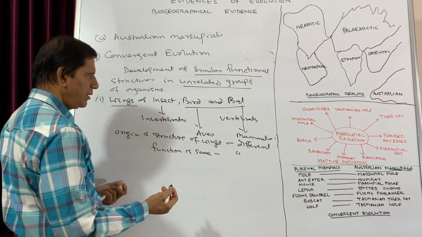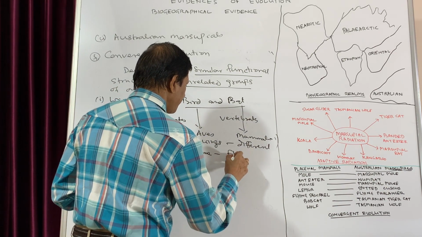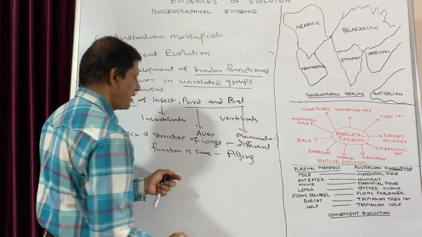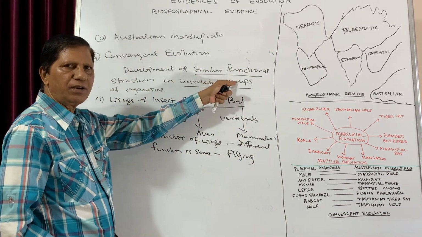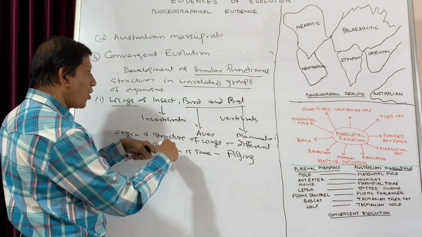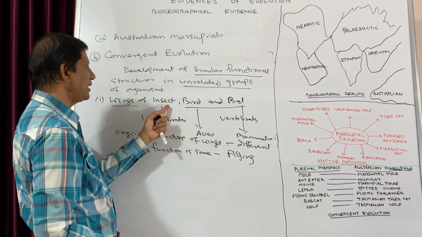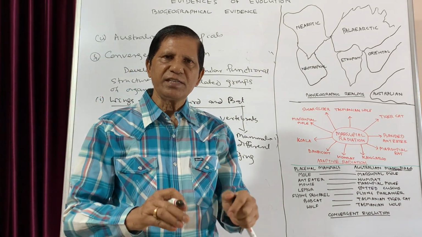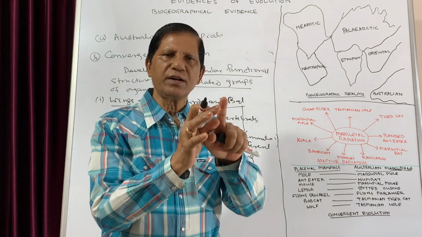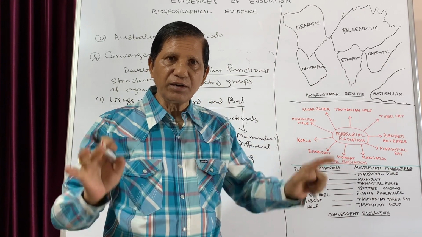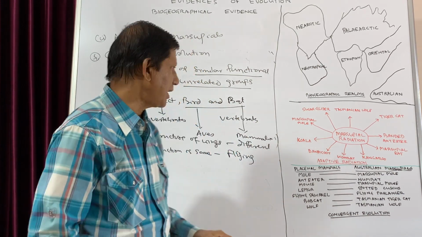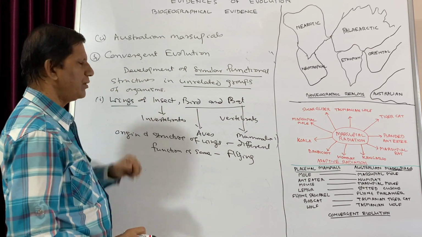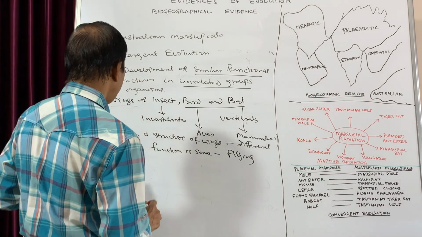So what is the function? The function is flying. That means it is a similar function, and they are unrelated groups. You see, insect, bird, and bat are quite unrelated. That means when a similar function is conducted by unrelated groups of organisms, that is known as convergent evolution. So this is one example.